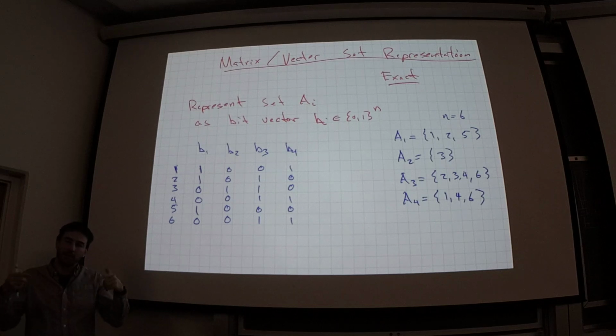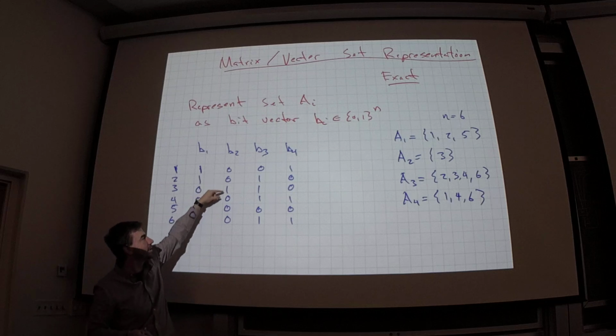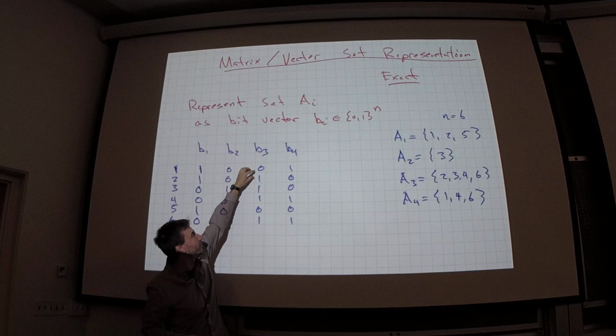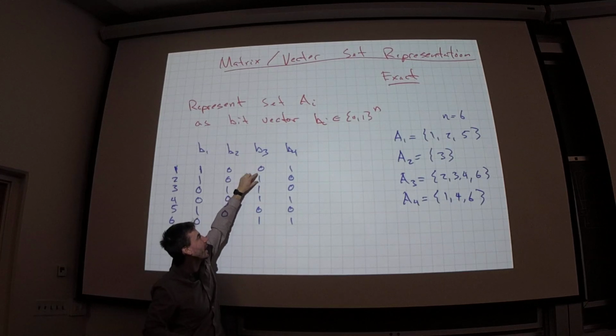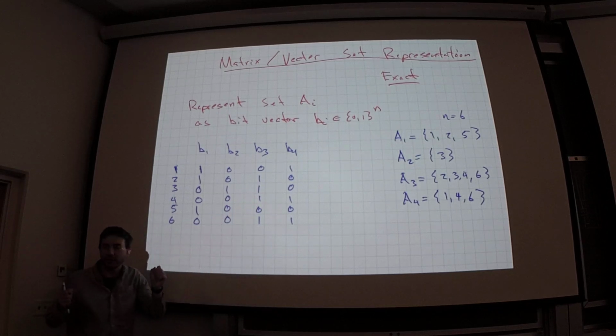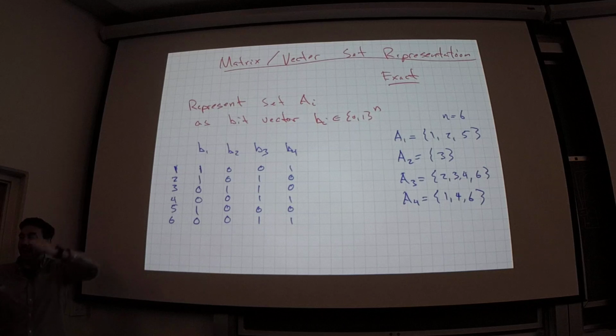An even more clever trick, used in some cases, is to store them in order and store the gap in between them. Here there's nothing, then the gap is 1 to the first one, then 0, 0, 0, 1. I just store the difference, and if I have really big gaps, this saves space.